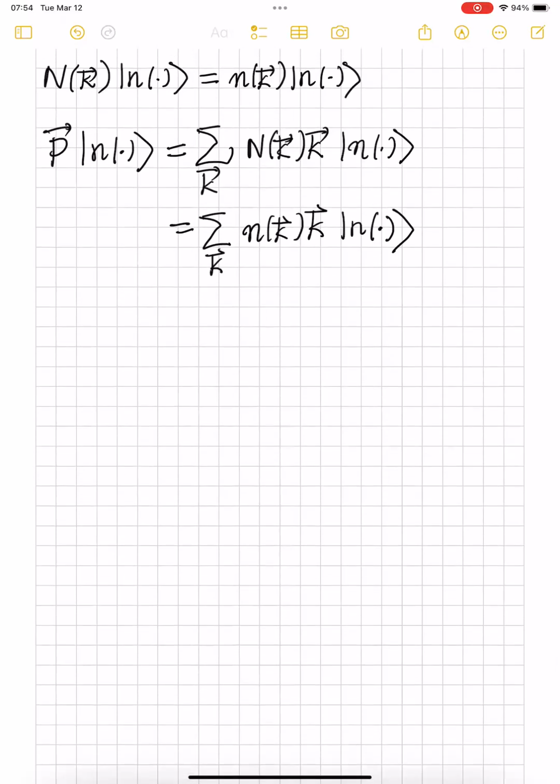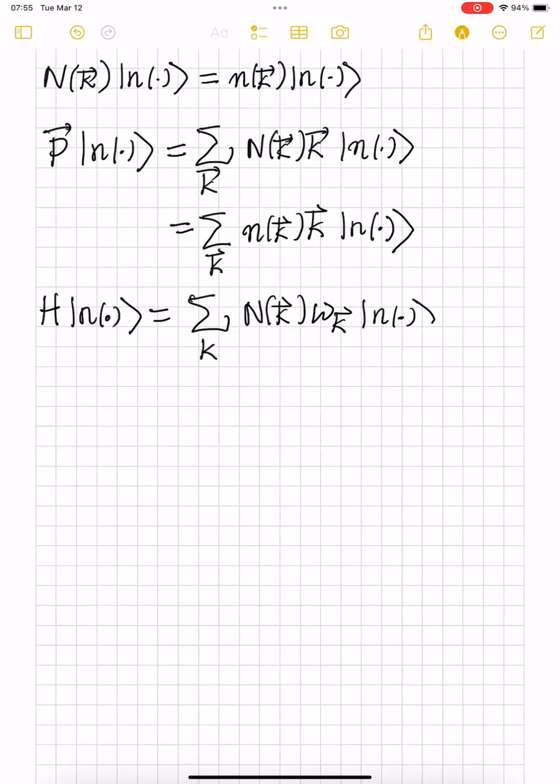And there's also a very simple formula for the Hamiltonian. I bet you could guess it, but let's write it down. So the Hamiltonian on the occupation number ket, you still have a sum over K. We're going to work out how many particles there are of momentum K and multiply it by the energy of a particle with momentum K. And this then gives you, again, the very intuitive formula that I've written at the bottom of the page.